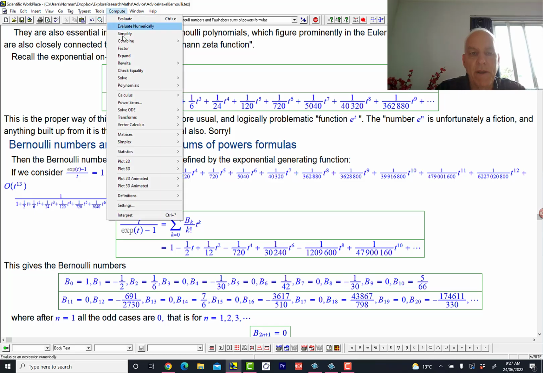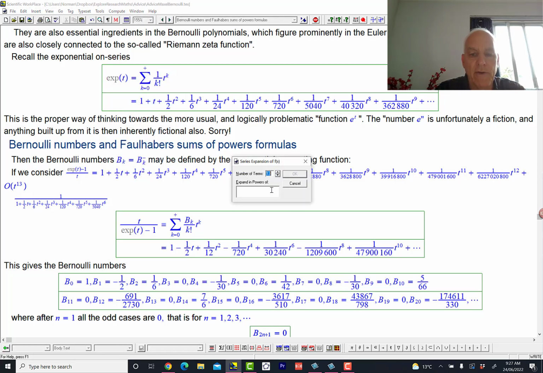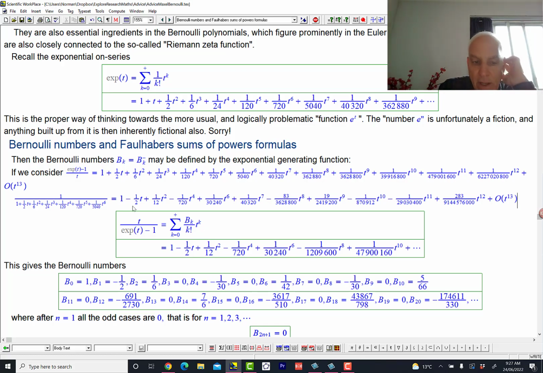If I ask my computer to take a power series for that, then I'm going to get 1 minus 1/2 t plus 1/12 t squared minus 1 over 720 t to the 4th, etc. But at some point there'll be a divergence between what's here and what's there, because I've only gone up to the 6th power and I've disregarded the rest. If we expanded the denominator to include more and more of these terms, we would get more and more terms in agreement with this series here.